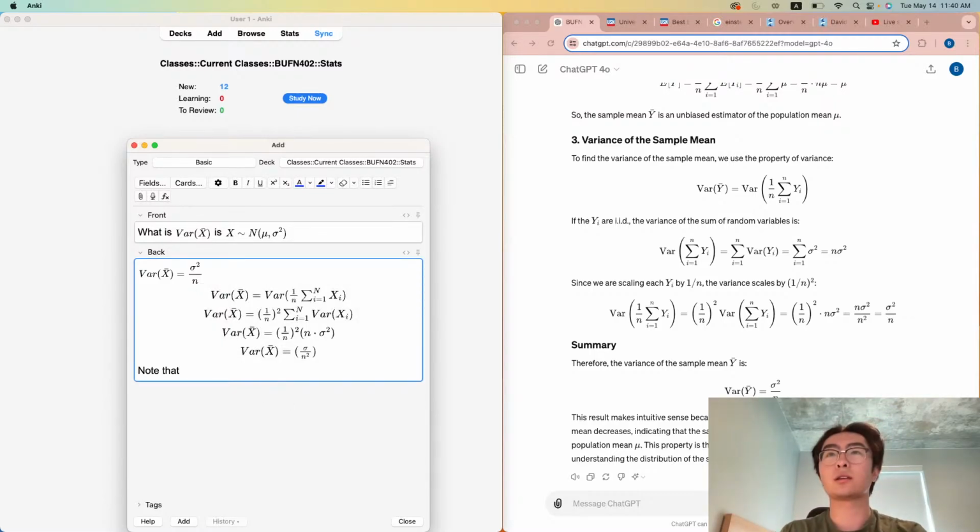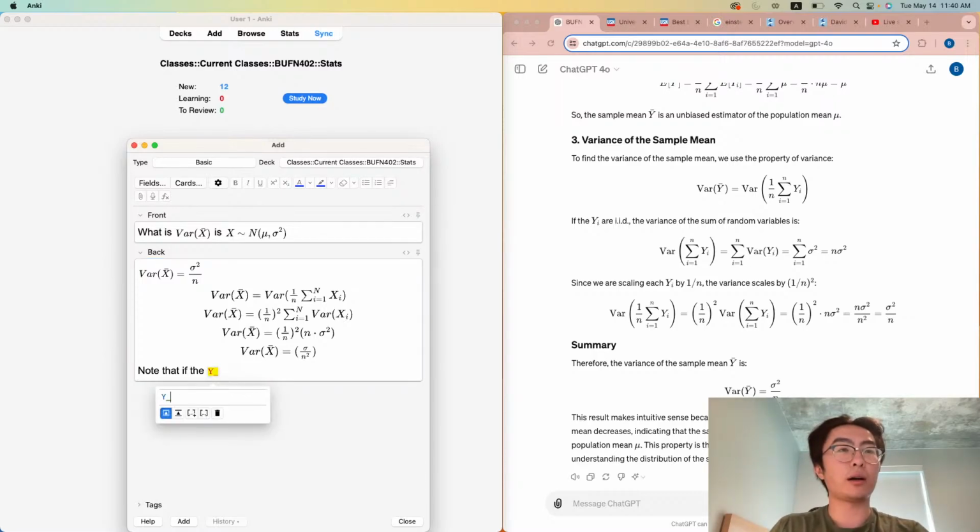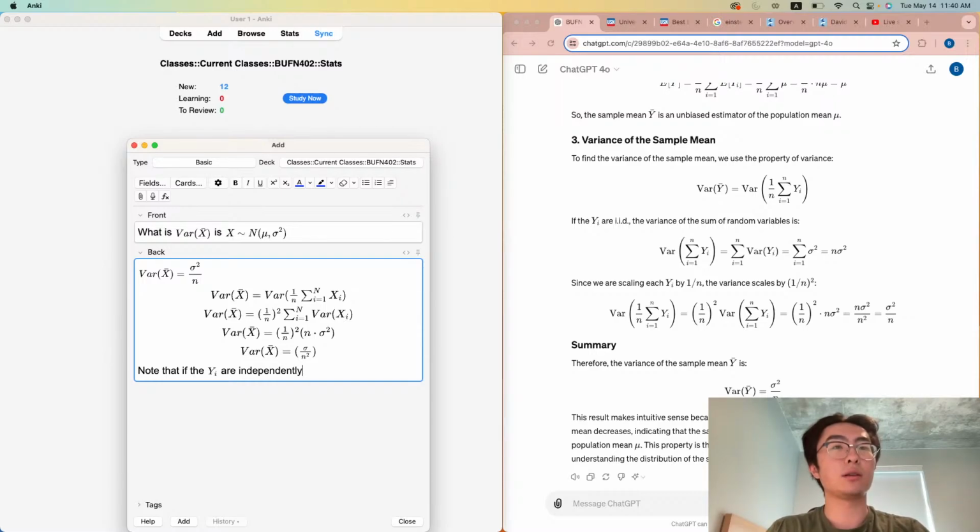So note that if the xi's are independently identically distributed, so that means they come from the same distribution and picking one does not change the other.